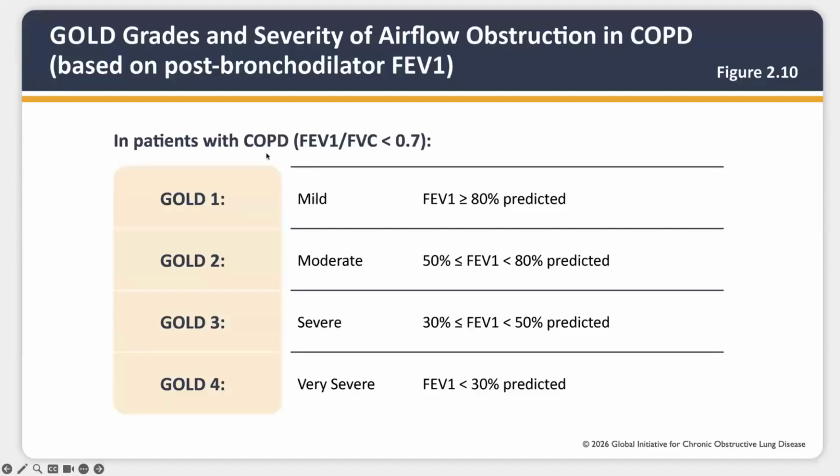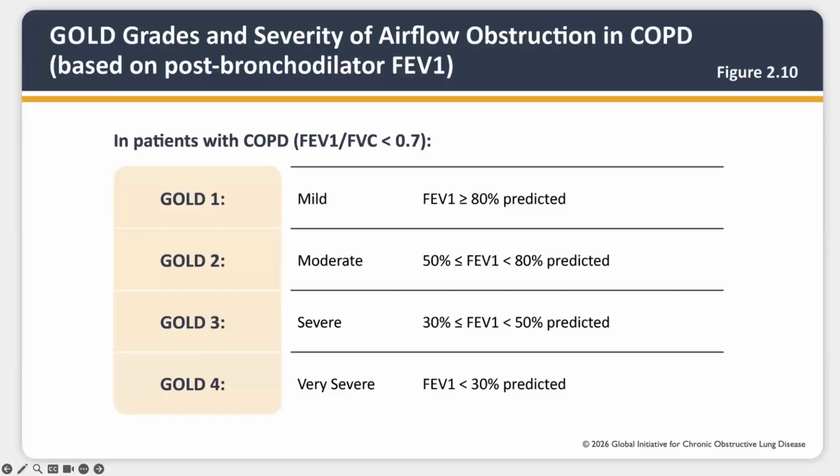There it is at the very top here. Notice this is post-bronchodilator. Recall that certain obstructive diseases, such as asthma, are fully reversible, but true COPD is only partially reversible at best. It is a literal chronic obstructive pulmonary disease.